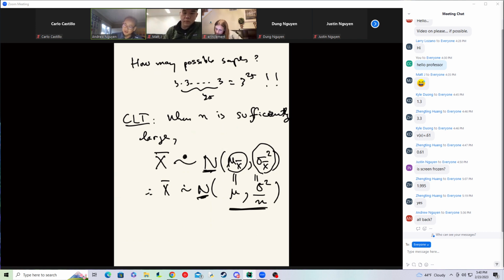The central limit theorem says that X bar somehow looks like normal, centered at mu. So regardless of what the underlying distribution is, when the sample size is large, X bar behaves like a normal.